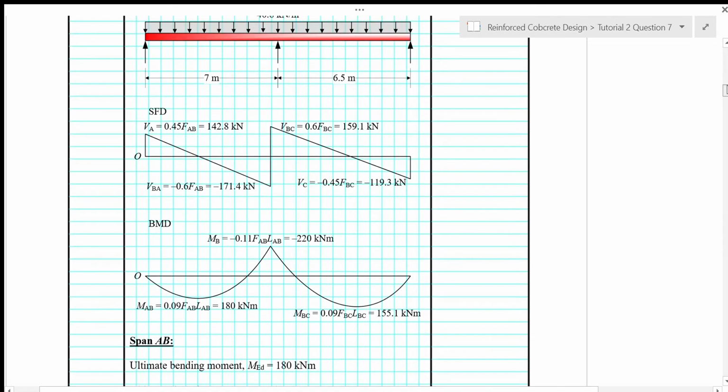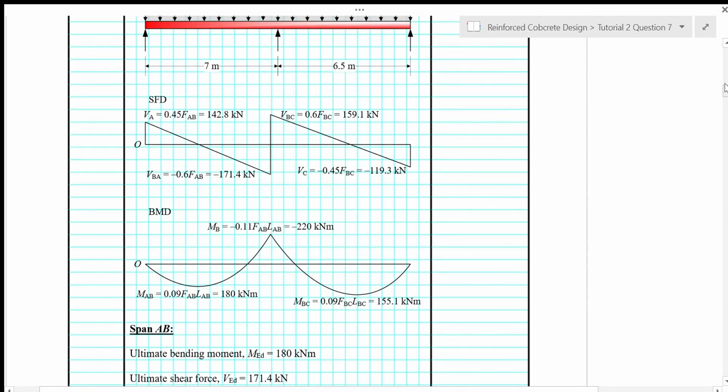Next we want to get the shear force and bending moment diagrams. For this we use the approximate method given in BS 8110 Part 1, 1997. This method can be used when the spans of the continuous beam are approximately the same, meaning that they are within 15% difference, and the loading is also within 15% difference in the beam.